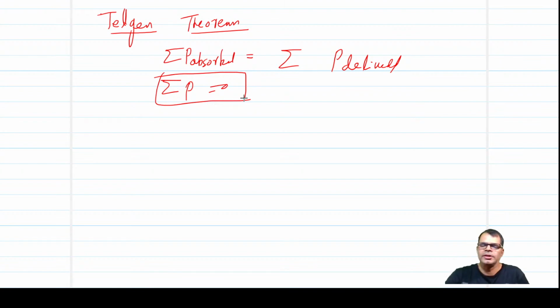So we learned the superposition theorem, the Thevenin's theorem, the Norton's theorem, and today the maximum power transfer theorem. And we also learned the reciprocity theorem in the last class.